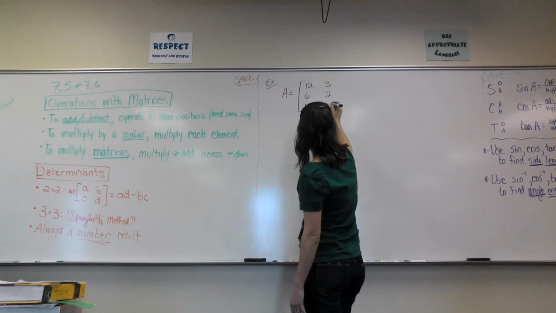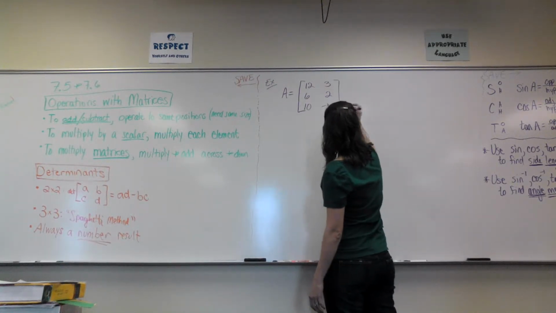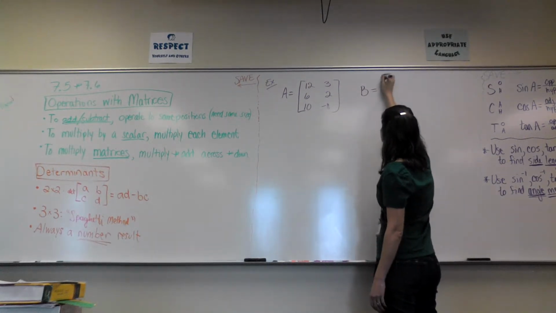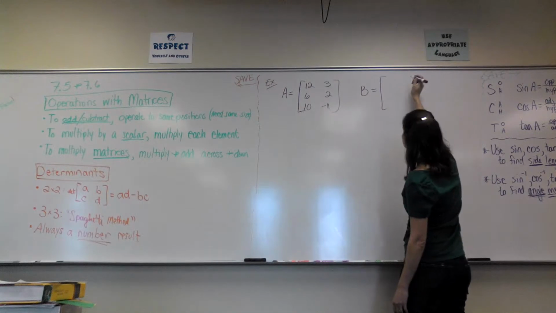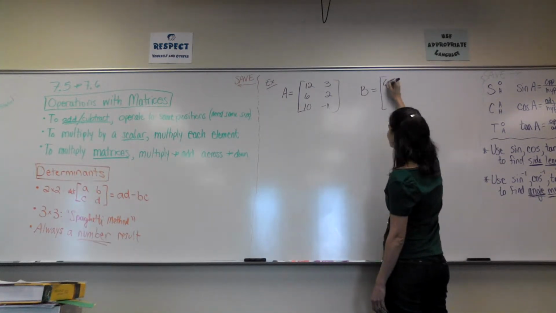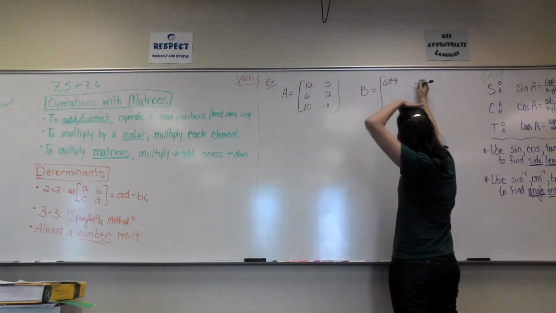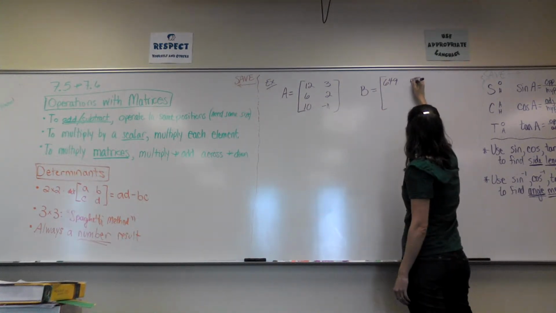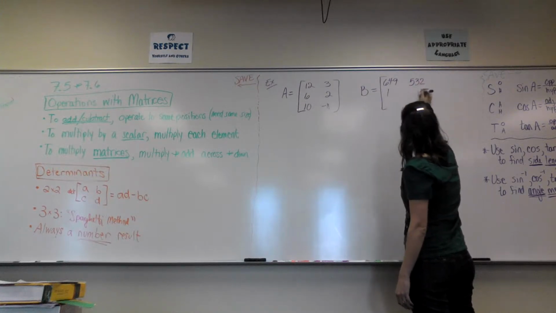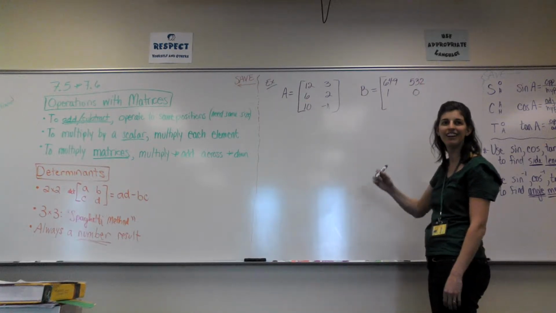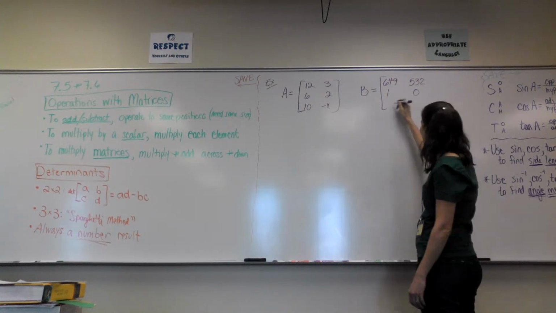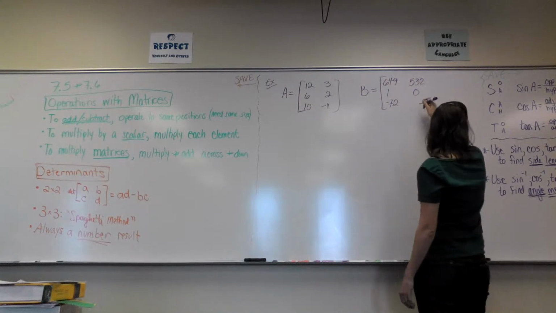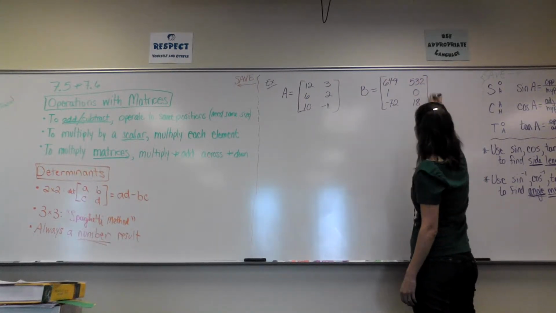And let's say that I have matrix B equal to, give me 6 more numbers. 649, 532, 1, 0, negative 72, 18. You all better have calculators out.